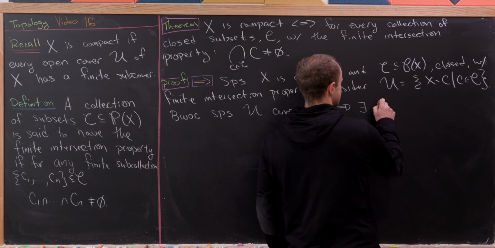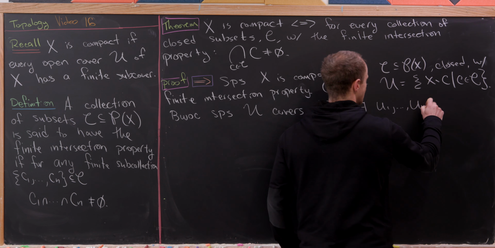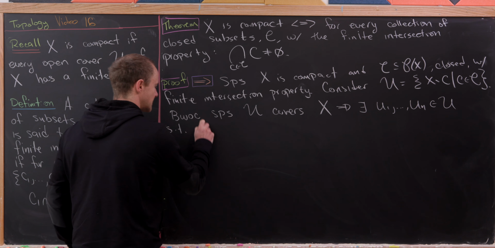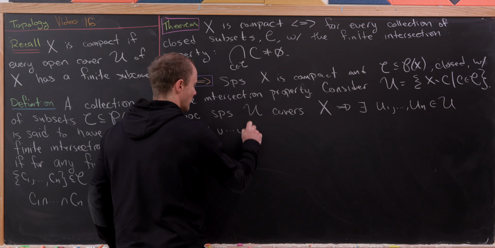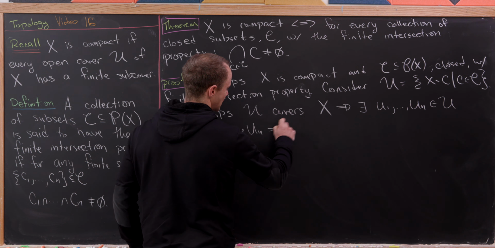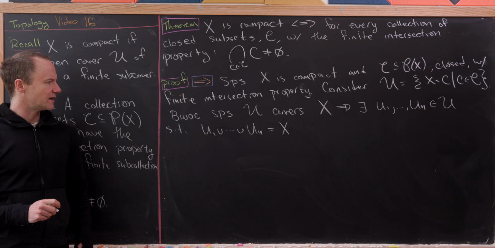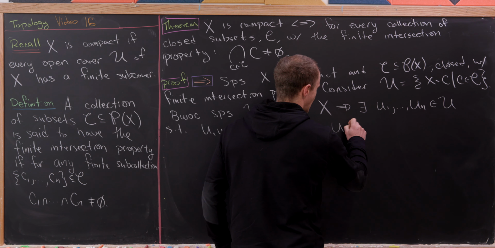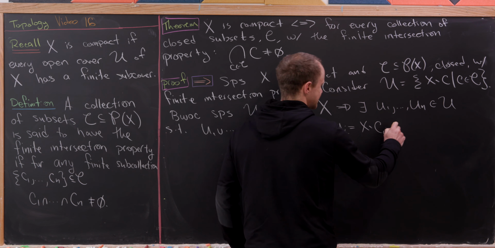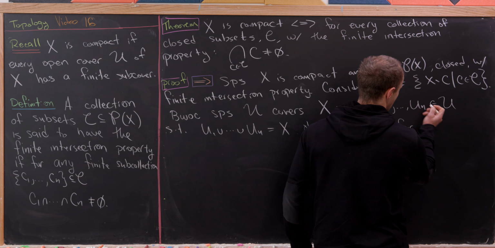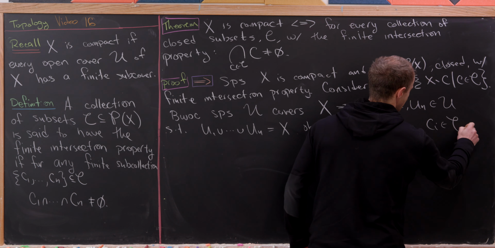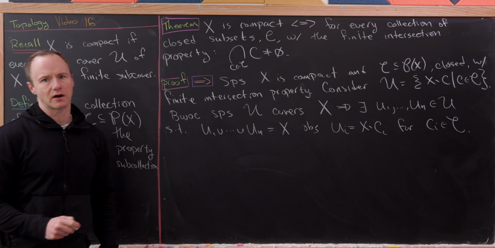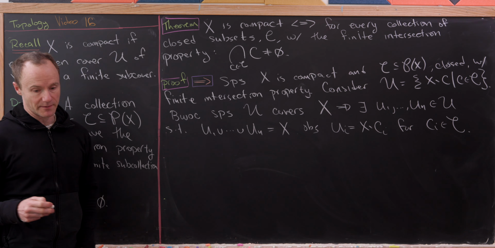So there exist U1 up to Un inside of U such that U1 union all the way up to Un is equal to X. But now let's observe that Ui is equal to X minus Ci, for Ci inside of our collection of closed sets, just by the way that we're building our collection of open sets U.